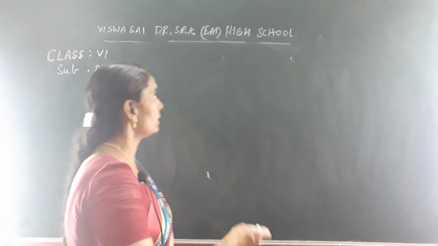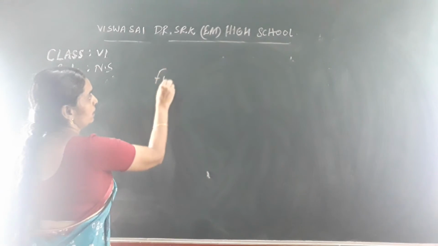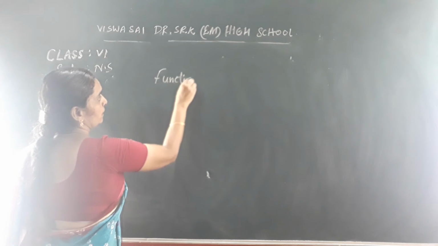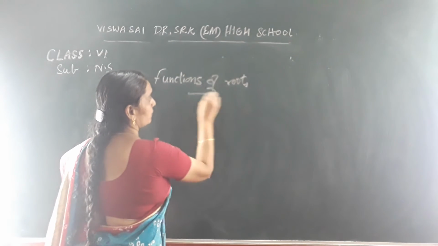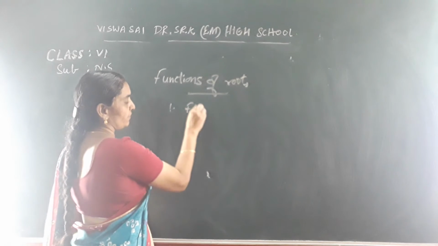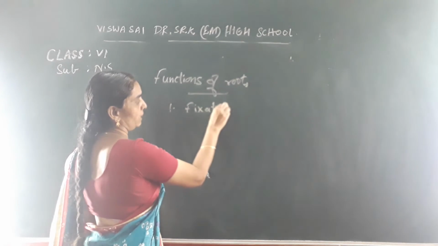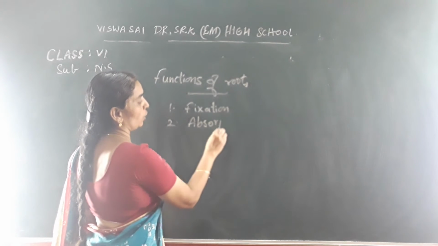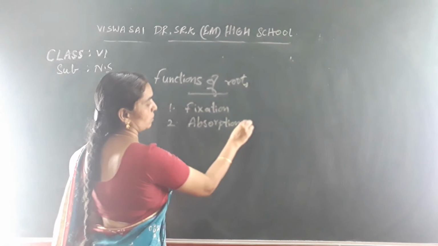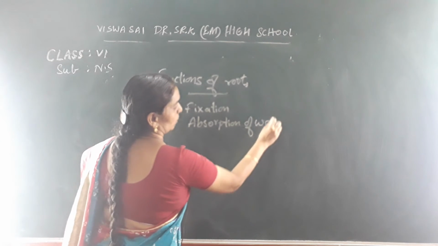So what did you learn? The functions of the roots, children? First one is fixation of the plant firmly into the soil. Second one, absorption of water and mineral salts from the soil.